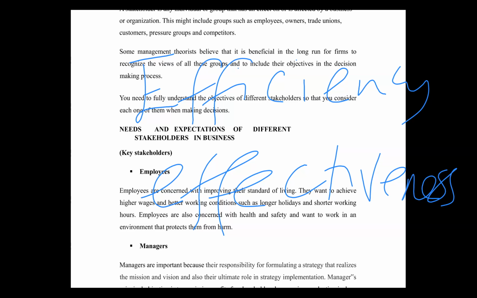Right. So efficiency is the ability to produce the desired output using the minimum amount of inputs or resources. In other words, using the minimum amount of resources, you should have the ability to produce the desired output.